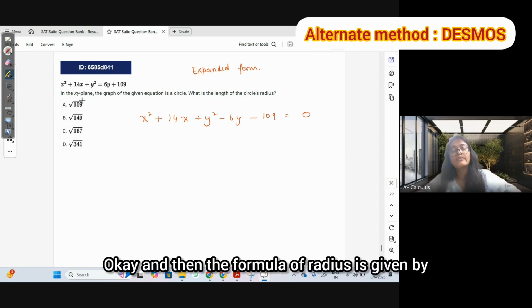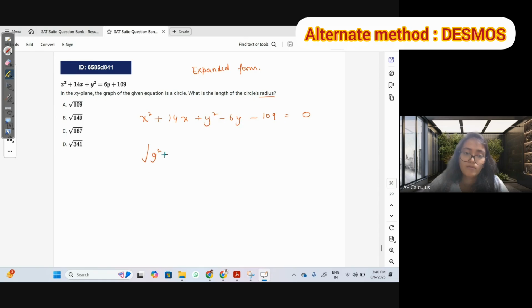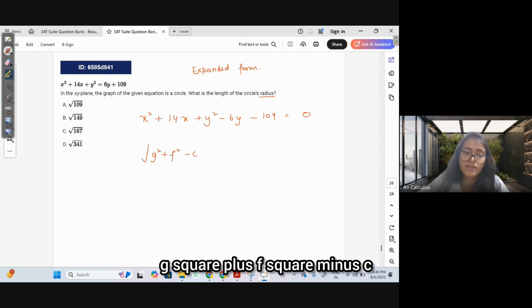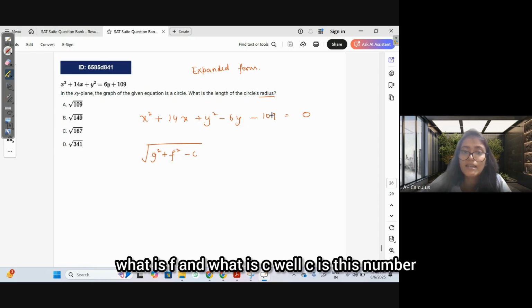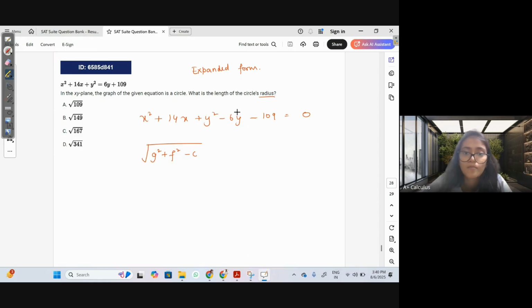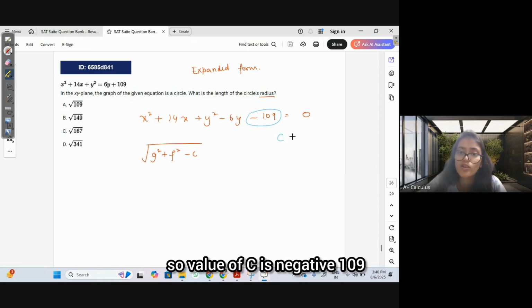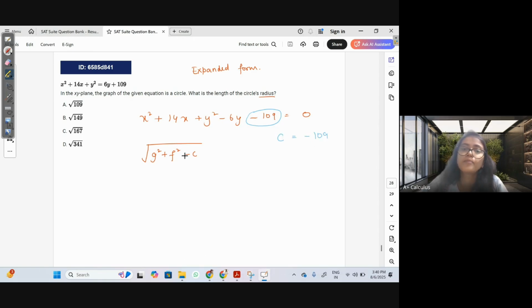And then the formula of the radius is given by the square root of g squared plus f squared minus c, where what is g, what is f, and what is c? Well, c is this number. The constant term is c, so the value of c is negative 109.